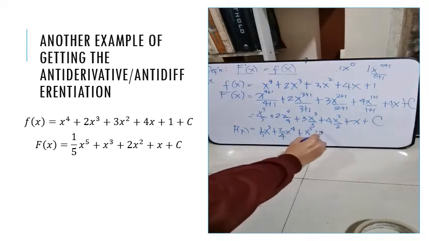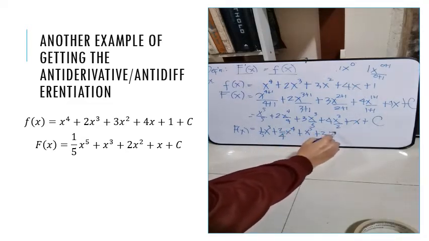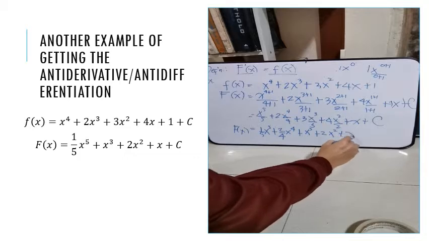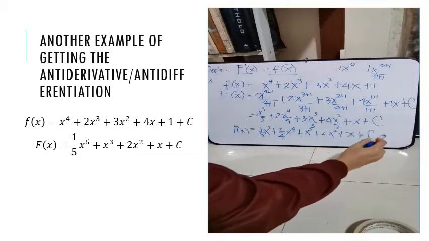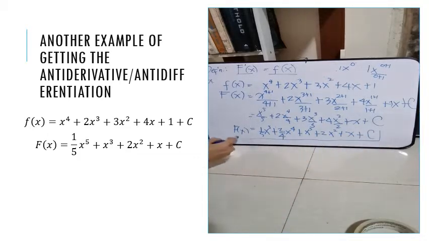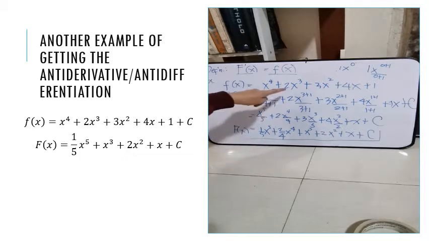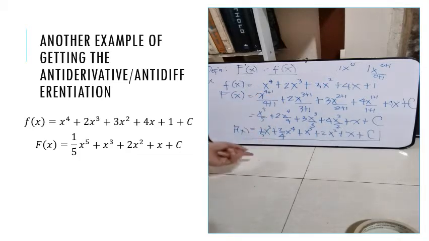Plus 4 divided by 2 is 2, x to the power of 2 plus x plus the constant C. So this is the antiderivative of this given function. If you are going to check kung tama ba yung sagot ninyo, you can get the derivative of this. Pag bumalik siya dito sa original na function, which means tama yung nakuha ninyo na antiderivative.